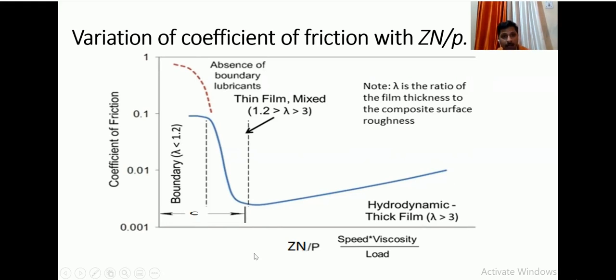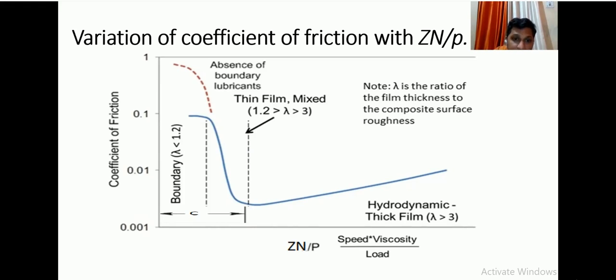Now if we correlate this friction versus ZN by P graph with the regimes of hydrodynamic lubrication, we can understand this starting portion in which the friction value is very high. This starting portion is known as boundary lubrication, and in this portion there is metal to metal contact between the shaft and the bearing.